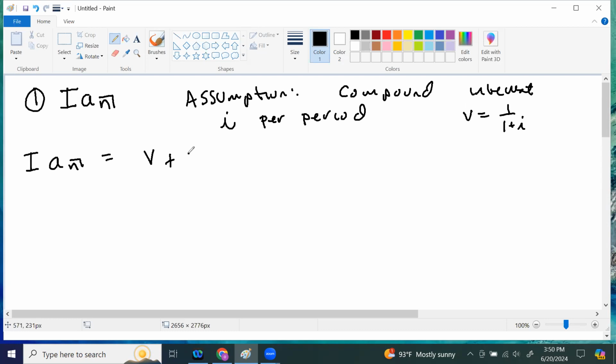Then you get 2v squared, which means that you increase: $1 at time 1, $2 at time 2, $3 at time 3, $4 at time 4, and so forth, all the way up to n dollars at time n.